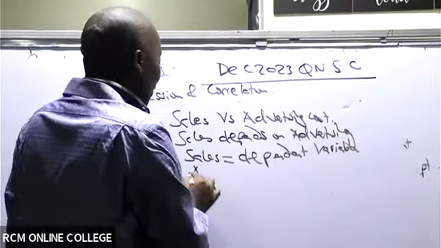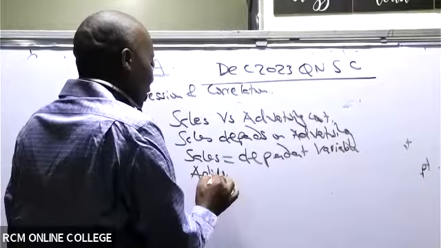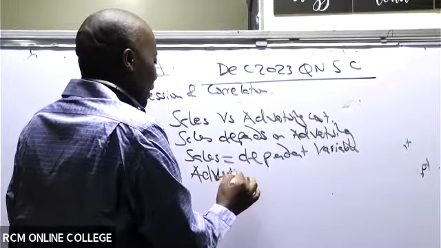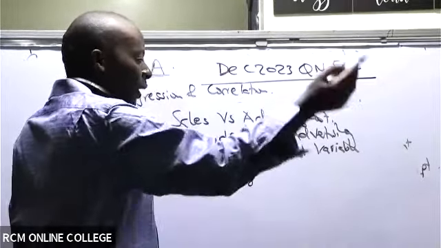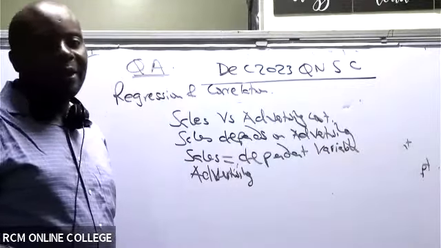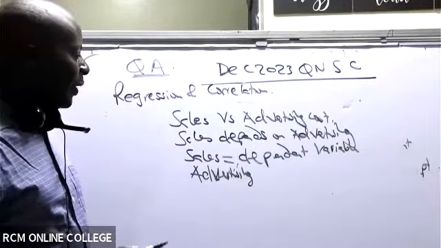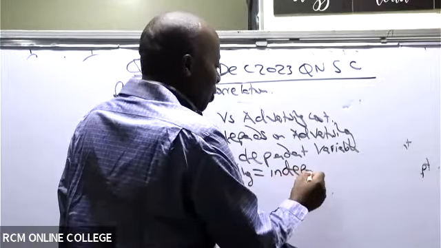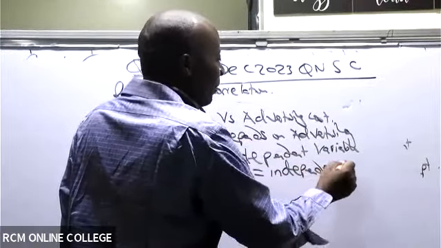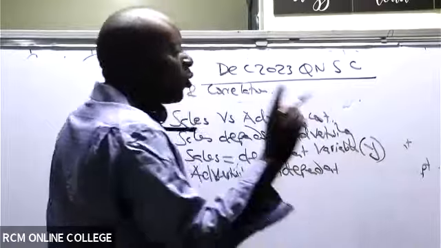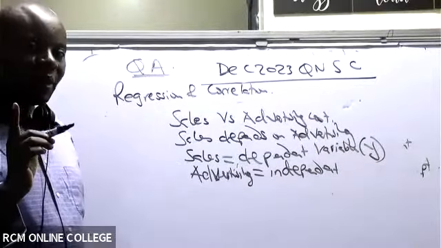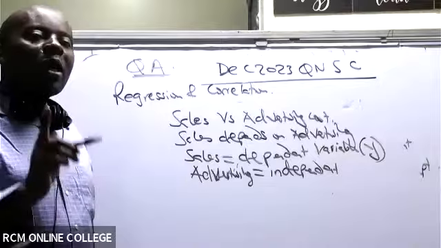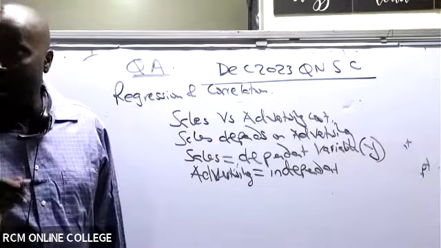And then we have advertising. Advertising will be on the other side of the coin. So in this case, the advertising cost will become the independent variable. Remember, the dependent variable is always your Y variable.